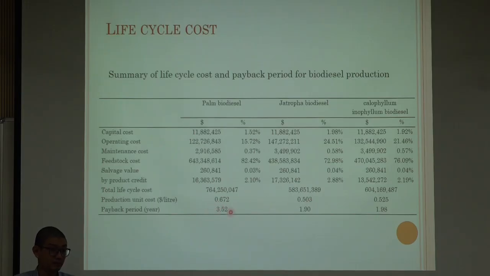What is the potential production cost? And what is the payback period? Based on the assumptions that we make, we put a certain percentage for the interest rate, and a certain percentage for the costs and the value. I mean the potential selling price of the biodiesel.